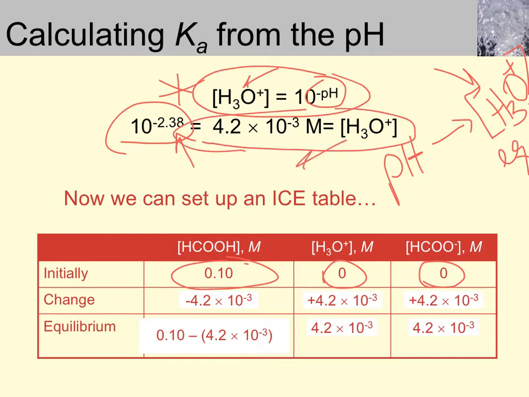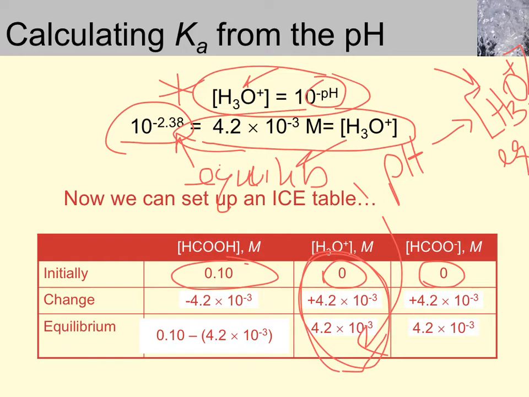That is the equilibrium. They're measuring pH and it's assumed it's already reached equilibrium. So that is the equilibrium concentration of hydronium ion and goes here. Now you have two values. You have the initial and the equilibrium value for one of the components, so you can now calculate the change for that component.